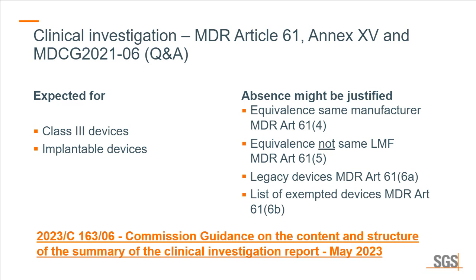You can have some evidence or relevant experience from relevant or legacy devices, or it is part of a list of exempted devices per the MDR Article 61.6b. And there is a relatively new Commission guidance on the content and structure of the summary of the clinical investigation report, which was published relatively recently in May 2023. So these are the generic considerations for that.